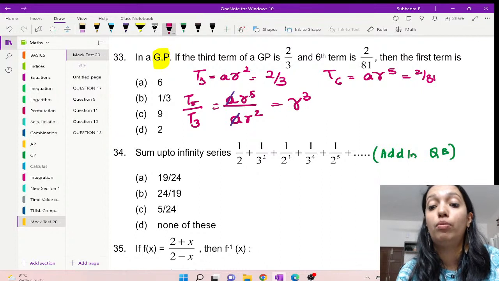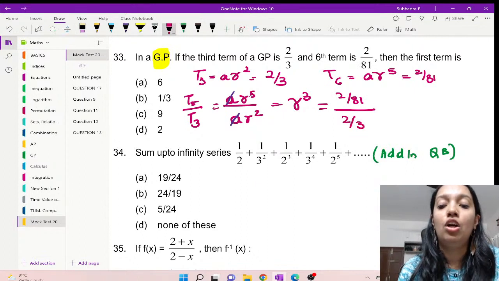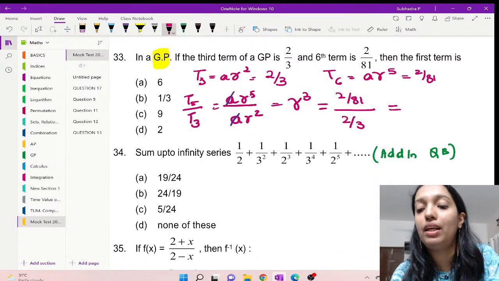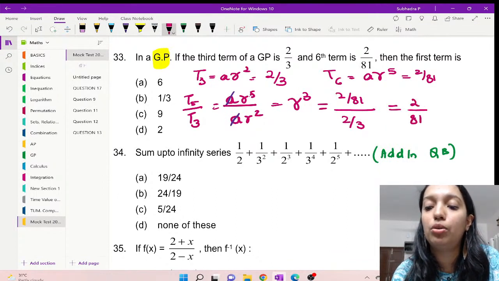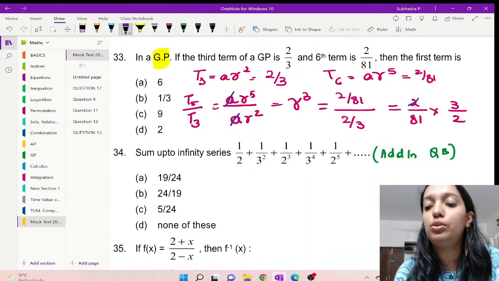And that R cube value is equal to, what is this in the numerator? 2 by 81. What is this in the denominator? 2 by 3. So I have to take this to the numerator, do ulta, 2 by 81 into 3 by 2. 2 by 3 becomes 3 by 2. Can I cancel 2 and 2?